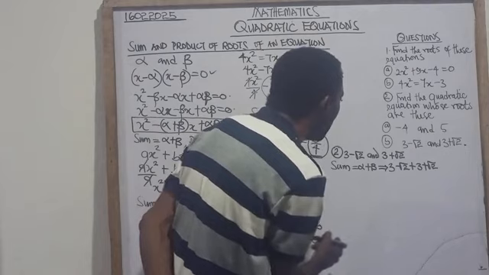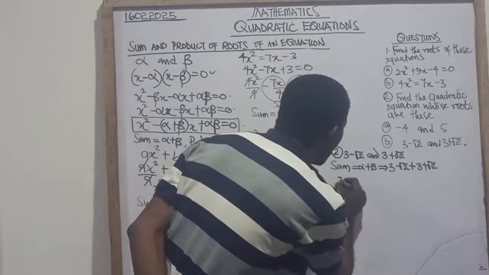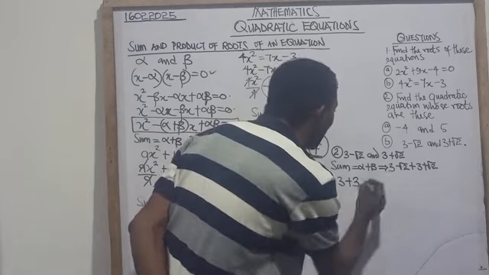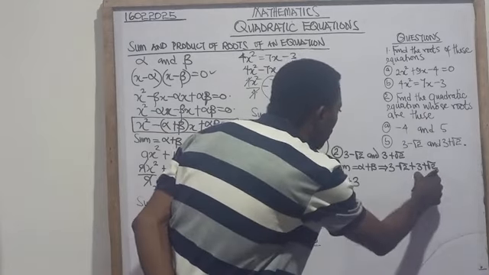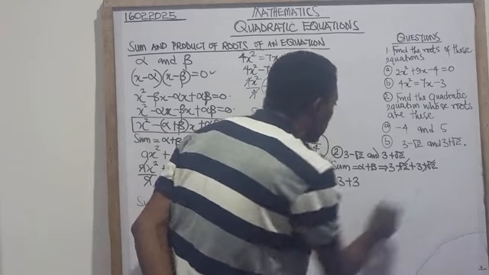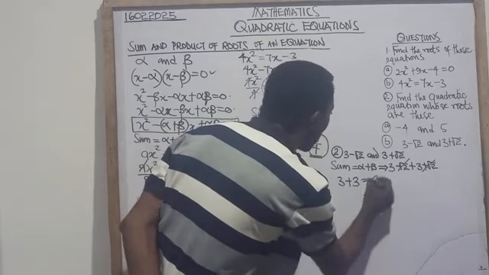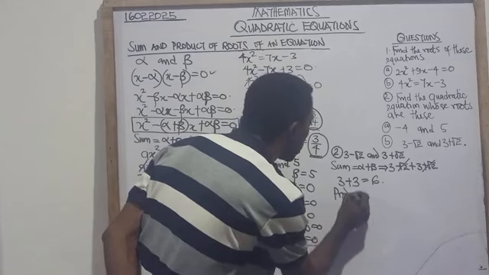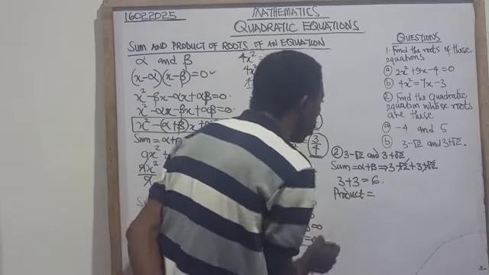This one will give us 3 plus 3. Then this one plus this one we cancel. So what we have is 3 plus 3, that will give us 6. That's the sum.